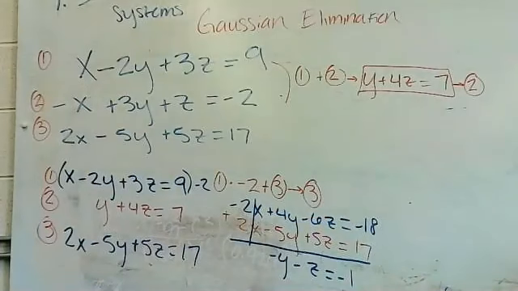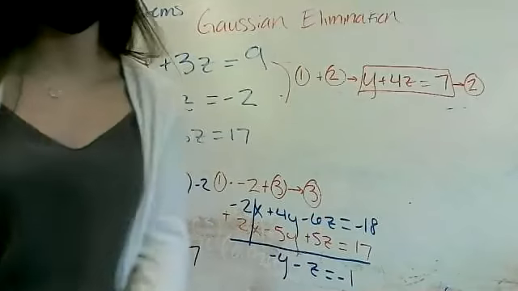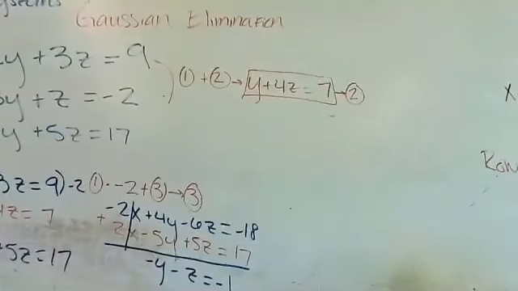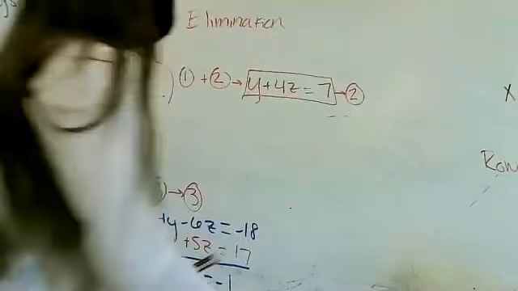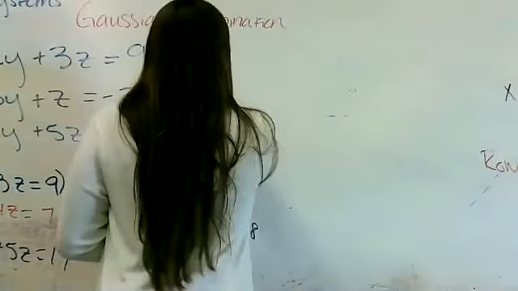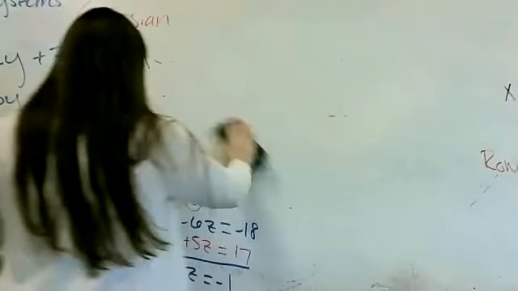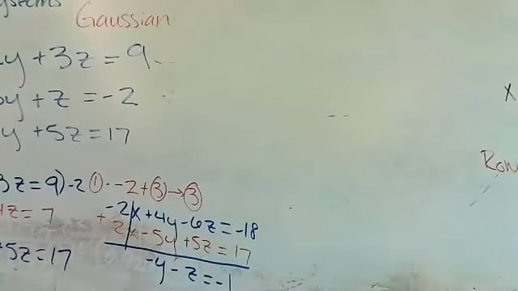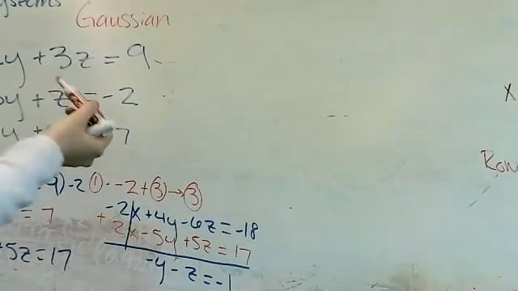And again, that was my new 3. So if we start a new line over here, I'm going to erase this work for my next new equations for 1, 2, and 3.